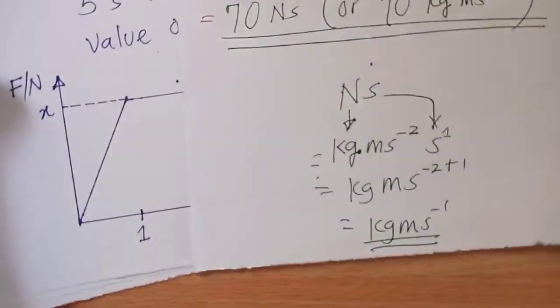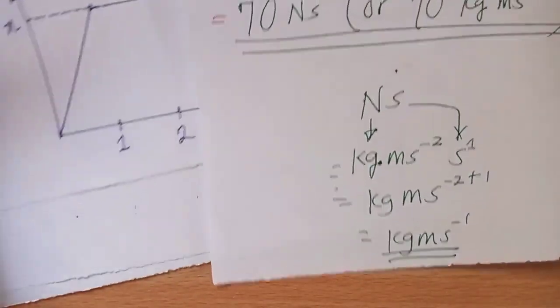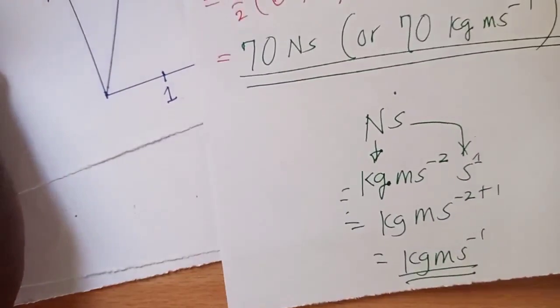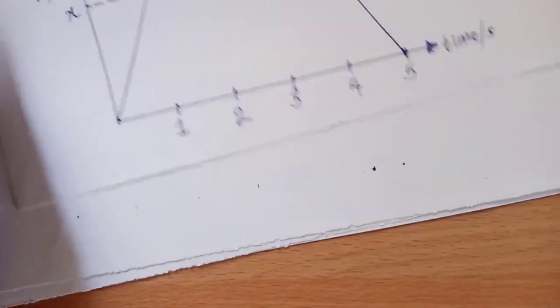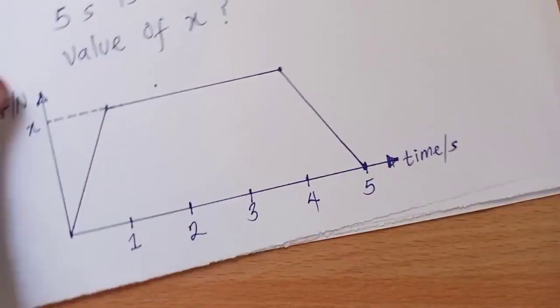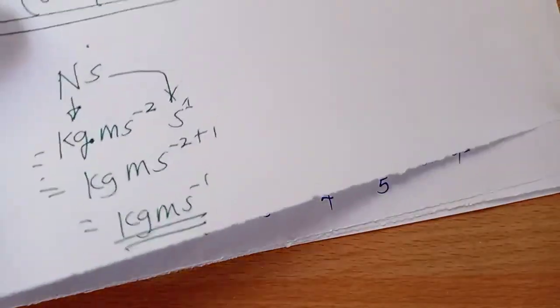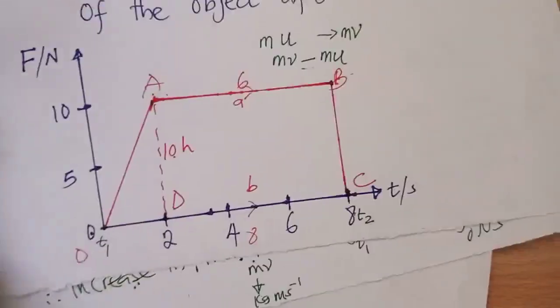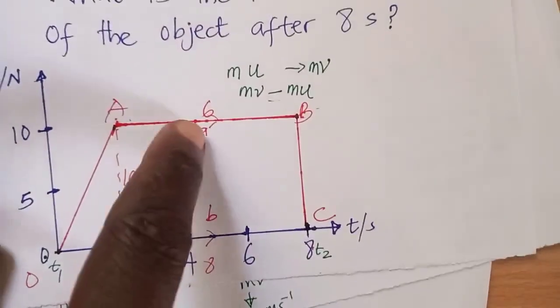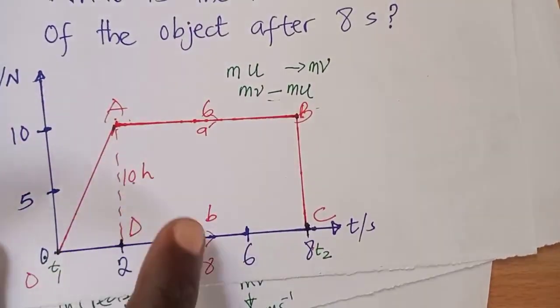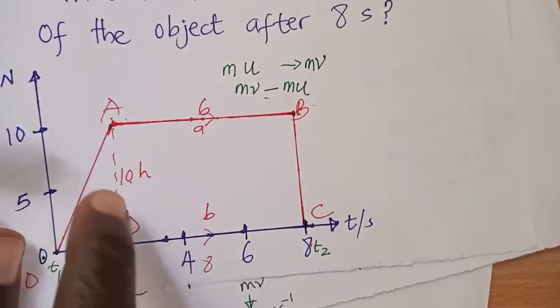What is important here, class, is that I only derived this to show you how true this process is. But when you are writing an exam, don't bother about all this derivation. Just identify your A, identify your B, identify your H, and use this formula.